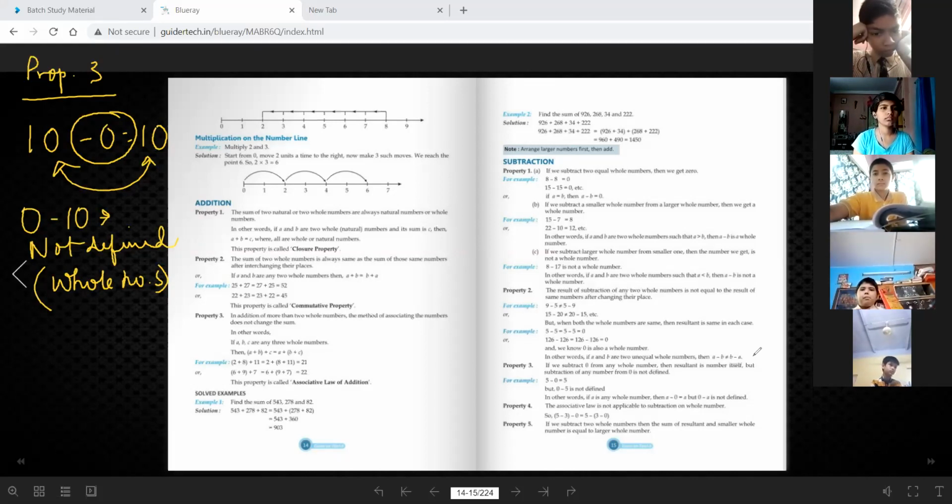And associative law. Associative law we have read for addition also. Property 4 is associative law.